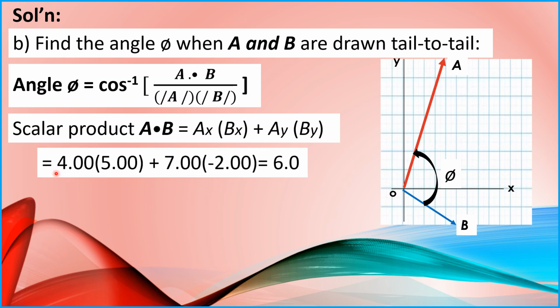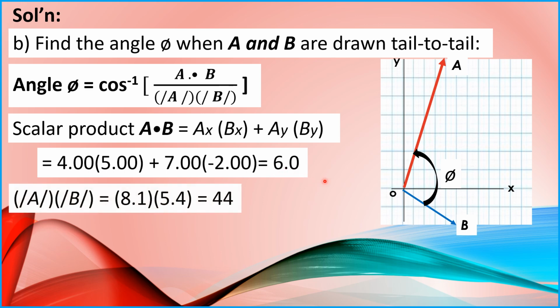Substituting, we have for ax 4.00, for bx 5.00 units, plus 7.00, that is the value of ay, multiplied by negative 2.00, which is the value of by. And doing your math, we will get as the scalar product A dot B equal to 6.0 units.